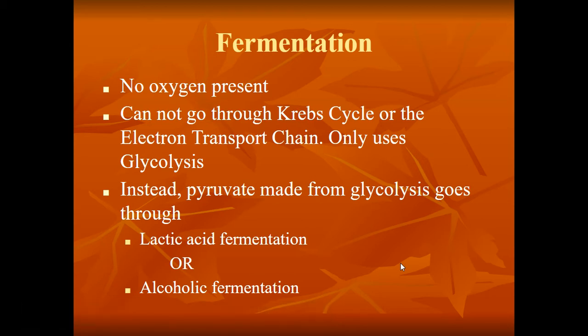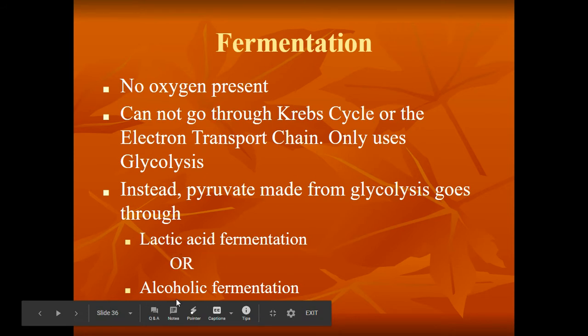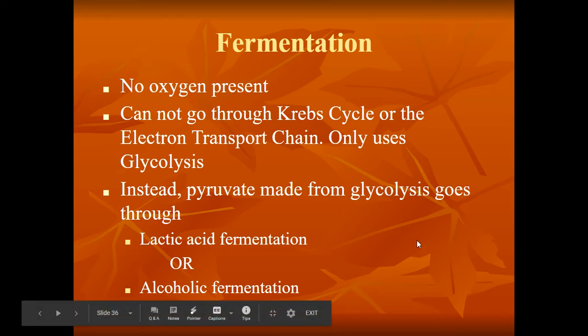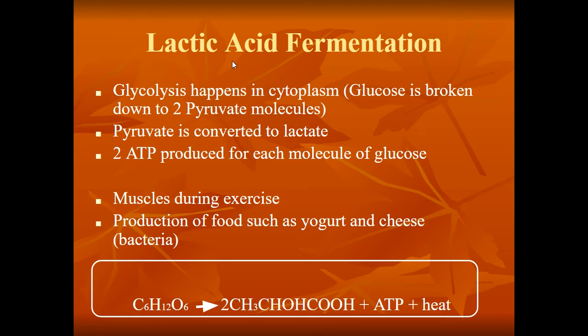And hopefully right away you are using these words to identify two types of byproducts that we get out of them. Okay? So we're going to look at lactic acid fermentation first. We go through stage 1, glycolysis, which happens outside of the mitochondria in the cytoplasm.